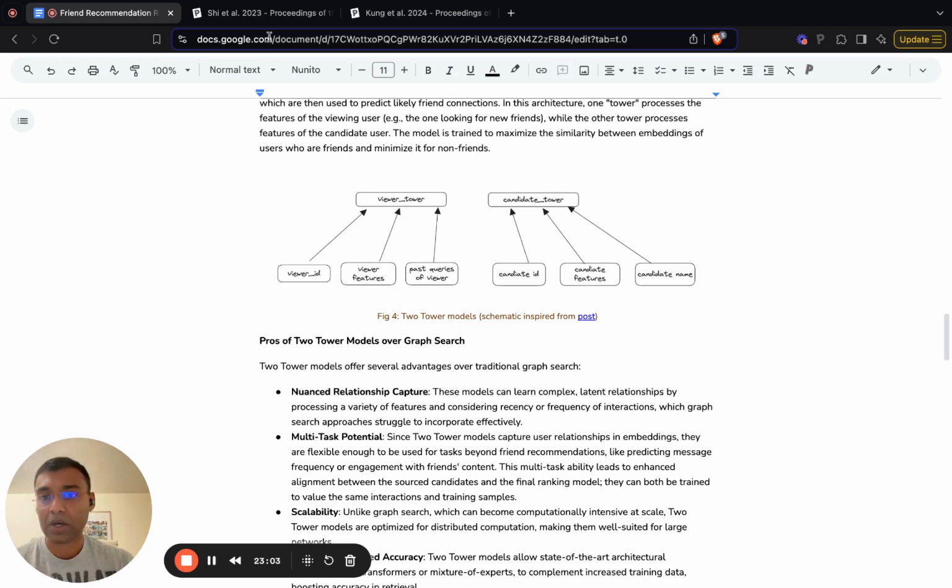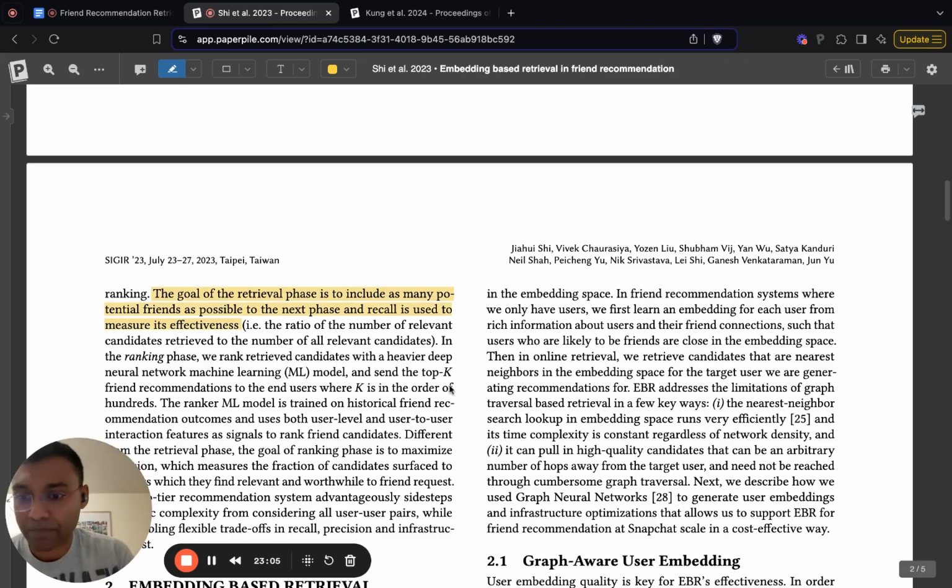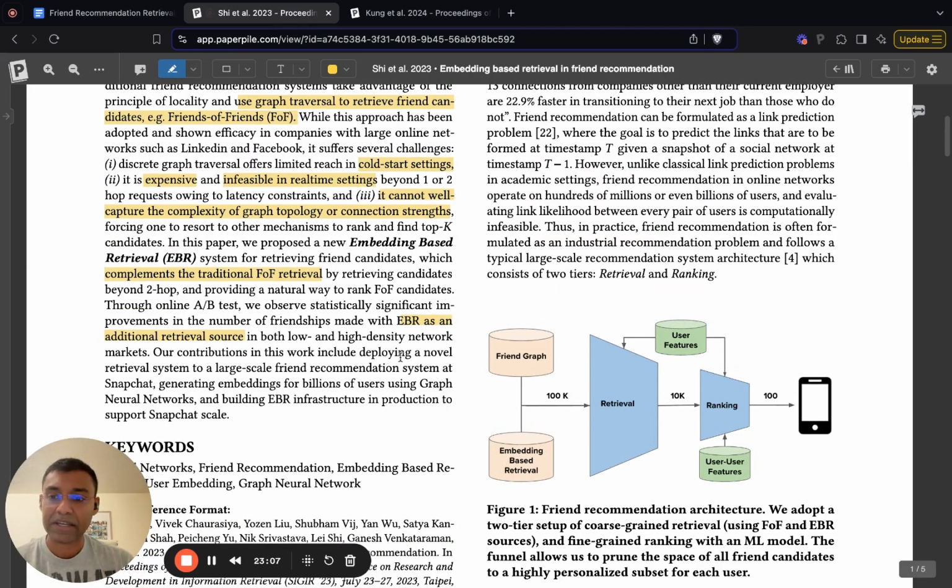One of the things I'll go back to is the Snap 2023 paper, where they say that embedding-based retrieval complements traditional friend of friends or traditional graph-based sources. It's not a competition. They are both good, and they complement each other.